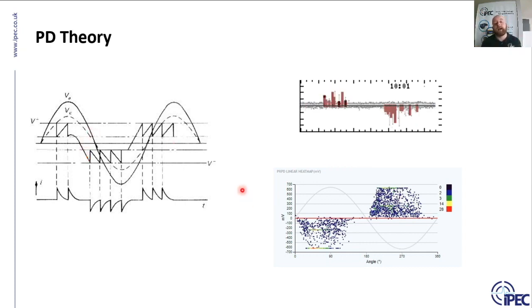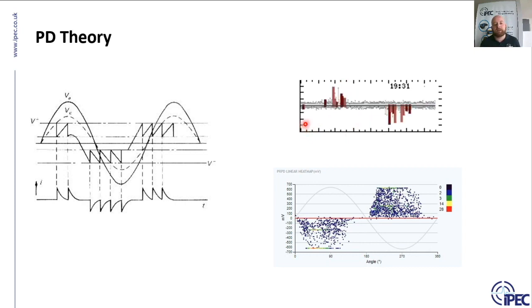So on the right hand side are images that people might be quite familiar with. This is called a PRPD, phase resolved partial discharge, and it's PD patterns in the power cycle essentially. It's one of the tools used within a lot of PD equipment, within a lot of instrumentation, to help you decide if the signal you're seeing is from a genuine PD source or from a noise source. It's this distinctive pattern.